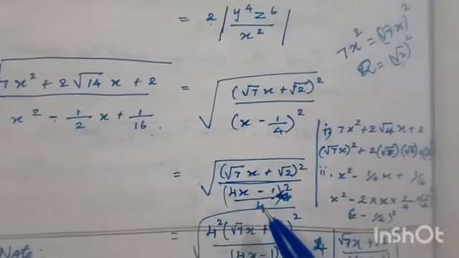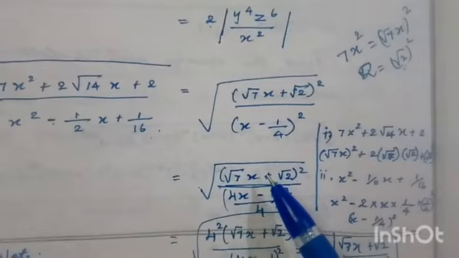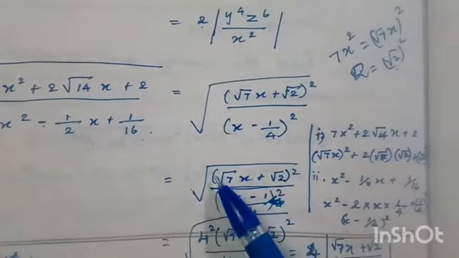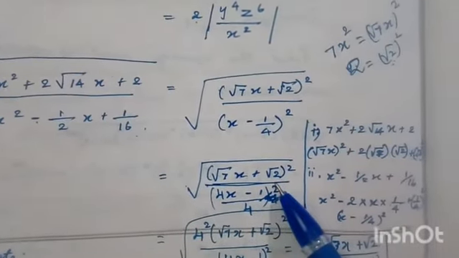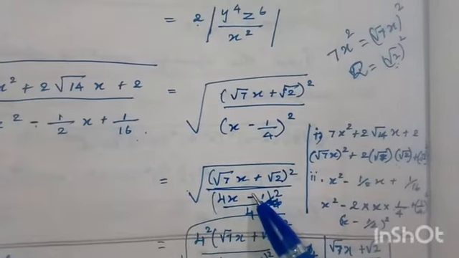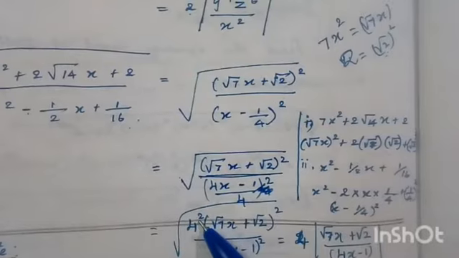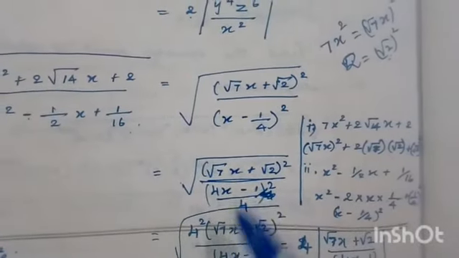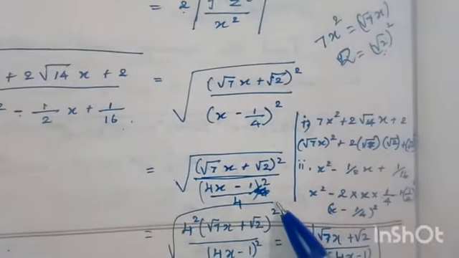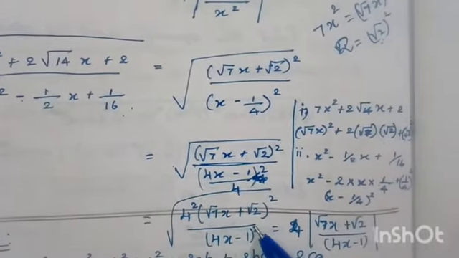So the denominator number moves to the numerator. This square is common for the numerator term and denominator term, so this moves to 4 square in the numerator. So that is root 7x plus root 2 whole square by 4x minus 1 whole square.